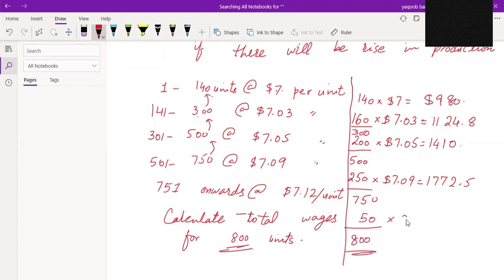And last 50 units are produced at 7.12, that is 356.